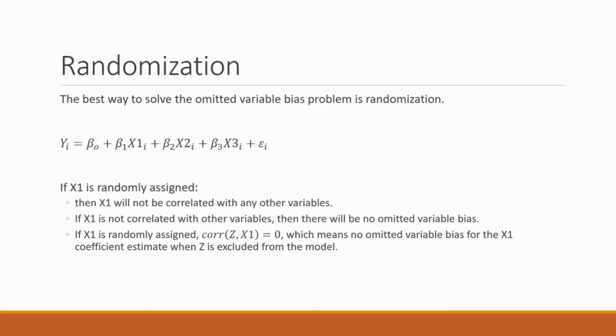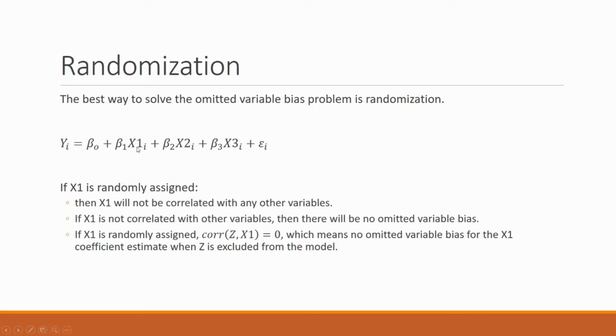And if x1 is not correlated with other variables, then there will be no omitted variable bias for the beta on x1. So if x1 is randomly assigned, the correlation between some omitted variable, z, and x1 is 0, which means that there will be no omitted variable bias for the x1 coefficient estimate, even when z is excluded from the model.